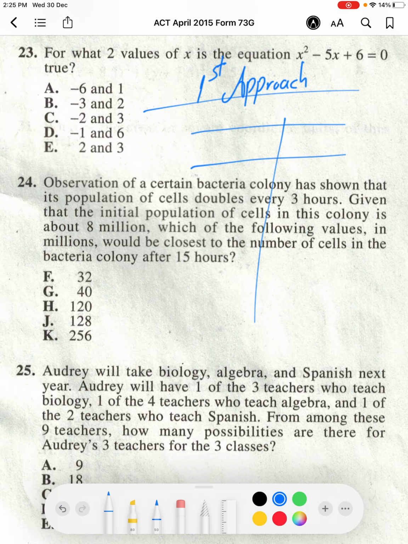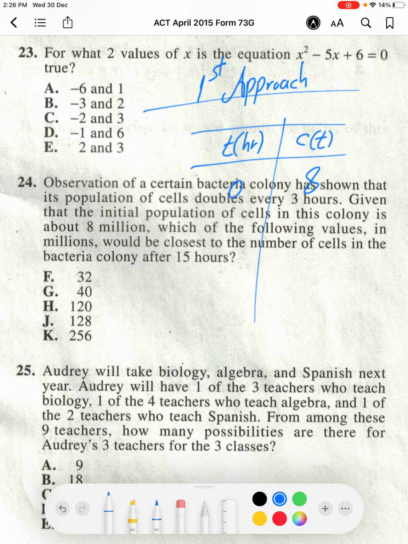The first column represents T in hours, and the second column represents the number of cells in the bacteria colony after T hours. So at the beginning of observation, at T equals 0, the initial population of cells in this colony is about 8 million.